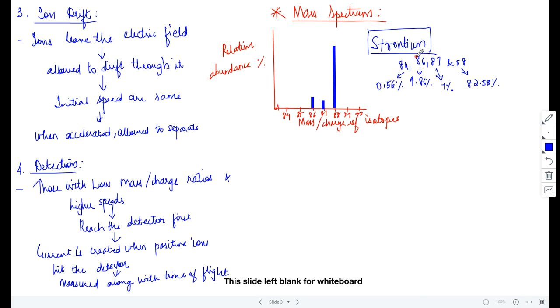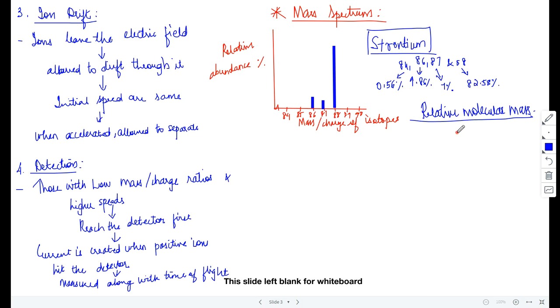Now the mass or the charge of these isotopes, all of them are having positive charge. Now using this data we can work out the relative molecular mass. What is relative molecular mass? That's the simplified number of an element's mass.